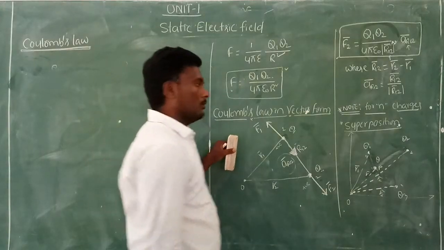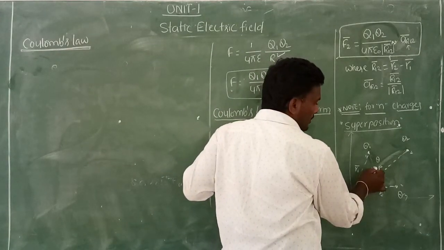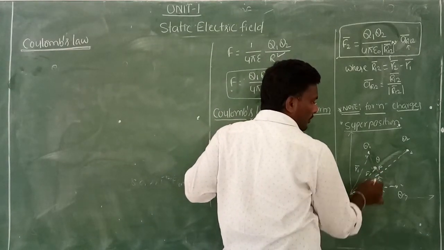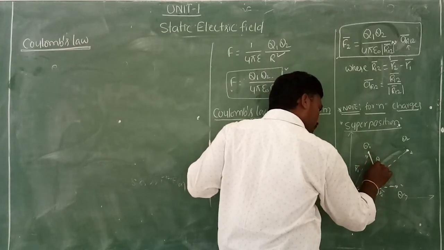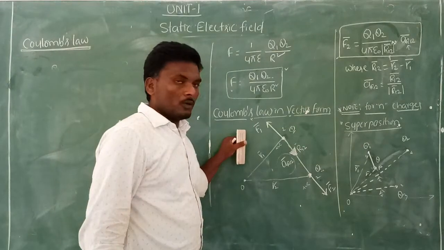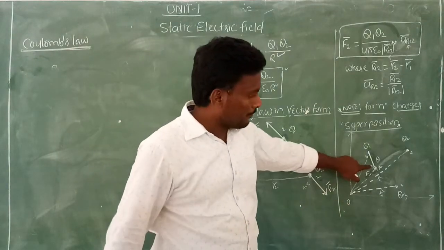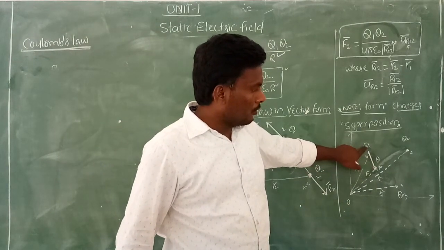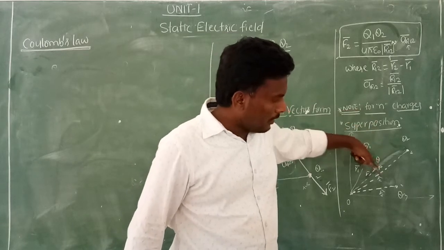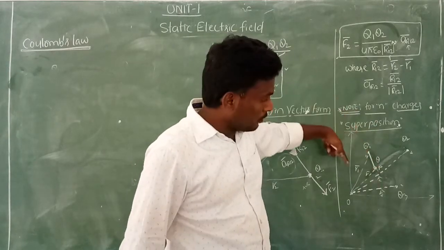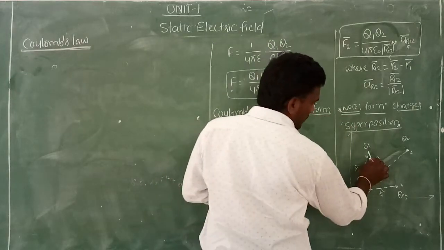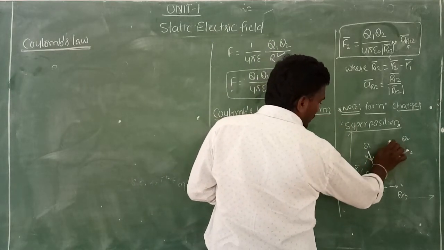Now first I am calculating the force exerted on q due to q1. That means the direction of the force exerted on q due to q1 should be downwards.